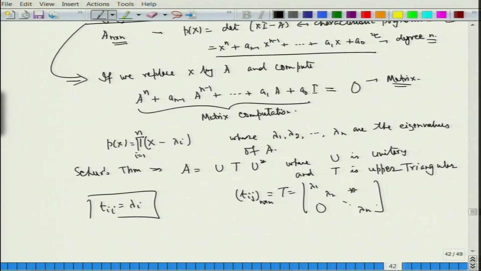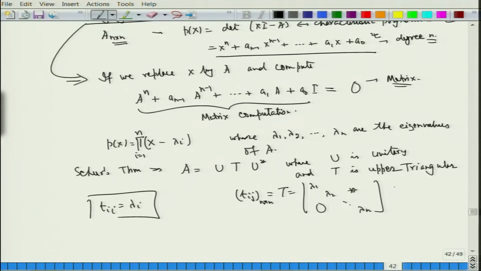Recall, when I looked at diagonalization, what we had done was we wrote P and we showed that A u1 is equal to d1 u1, A u2 was d2 u2, and so on. So I could rearrange them depending on the matrix P that I take. There is just a rearrangement or permutation which will give me this part. So now I know that A is this, and I want to understand what happens to A square and so on.